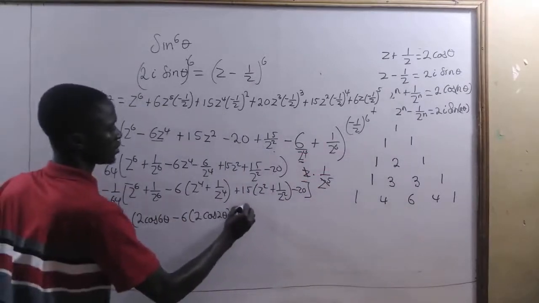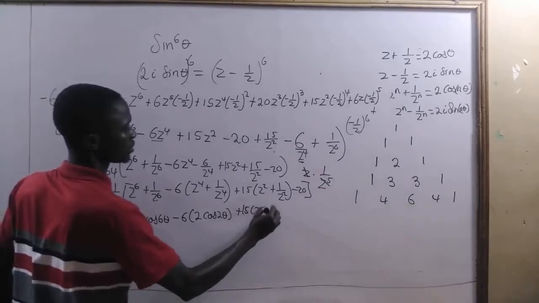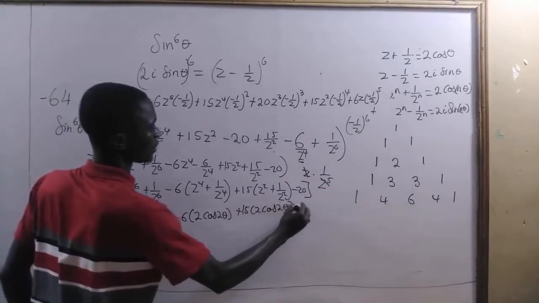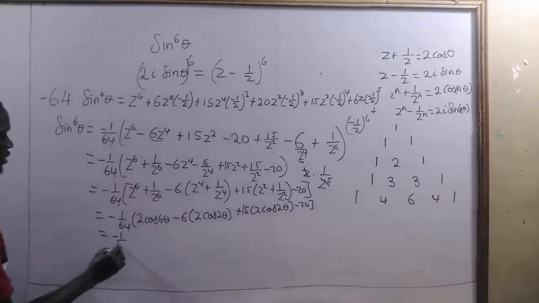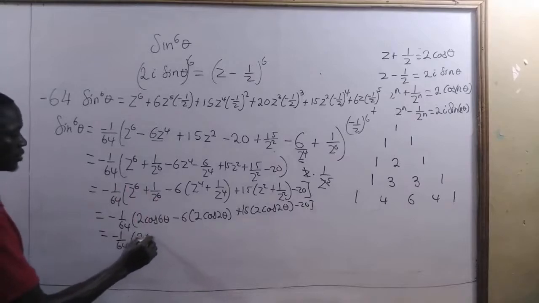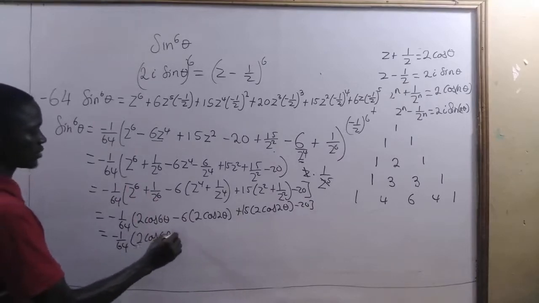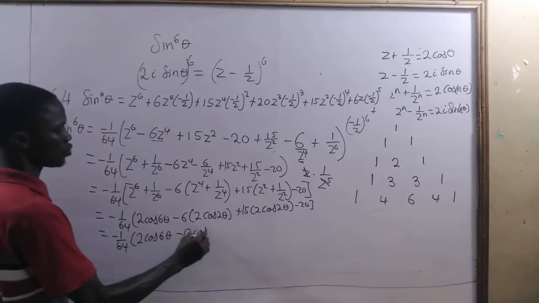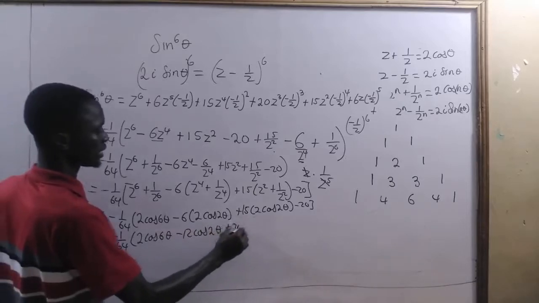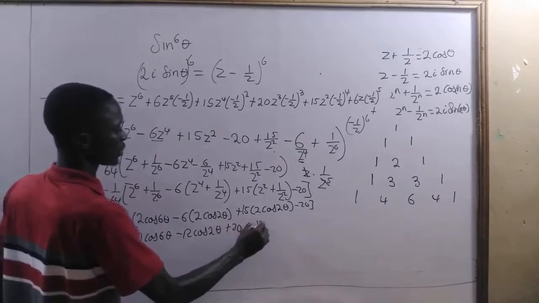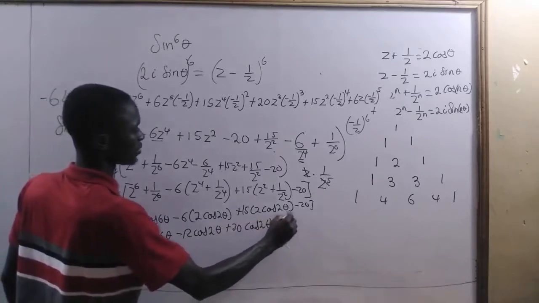Plus 15 into 2 times cosine of 2 theta minus 20. So this will give us minus 1 out of 64 times 2 times cosine of 6 theta minus 12 times cosine of 4 theta plus 30 times cosine of 2 theta minus 20.